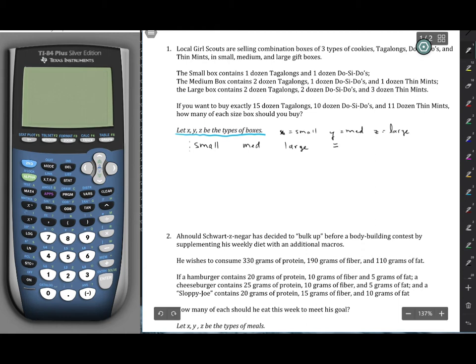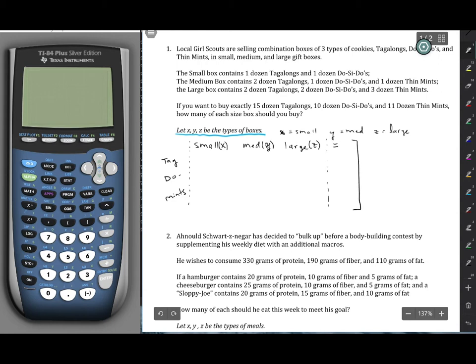On the other side, we are going to have the types of cookies: Tagalongs, Do-si-dos, and Thin Mints. And then it's just filling everything in. So again, make sure that our variables are the columns, and then we're going to have an equal-to column. It's all going to be one matrix though.